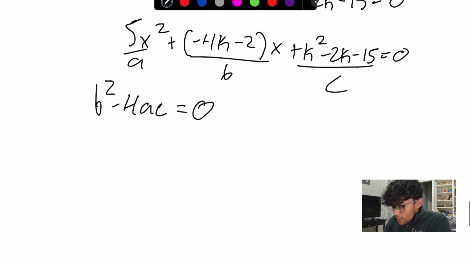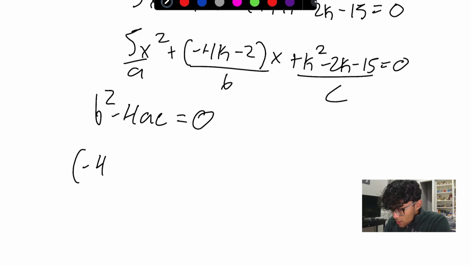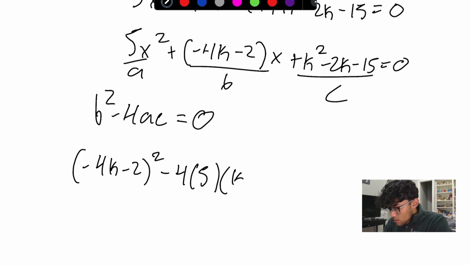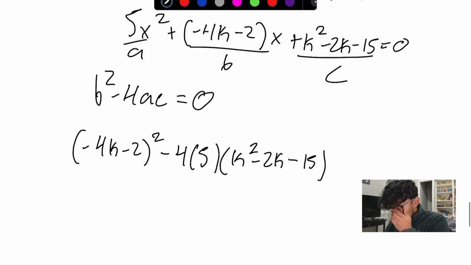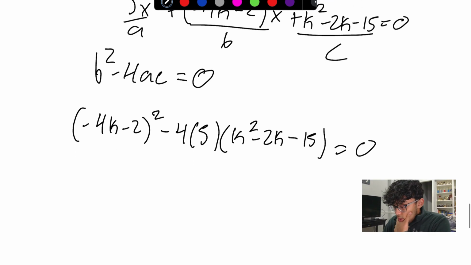So we can plug in negative 4k minus 2 squared minus 4 times a, which is 5, times this k squared minus 2k minus 15. Okay, and this is equal to 0.